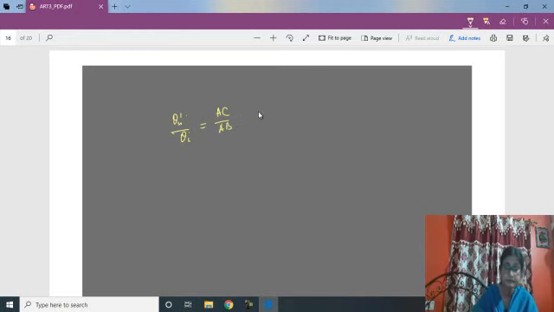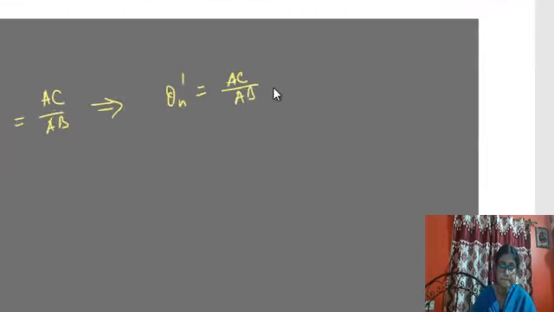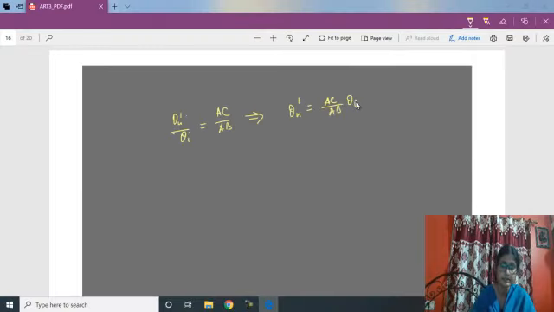That is, theta n dash is equal to AC by AB into theta I.